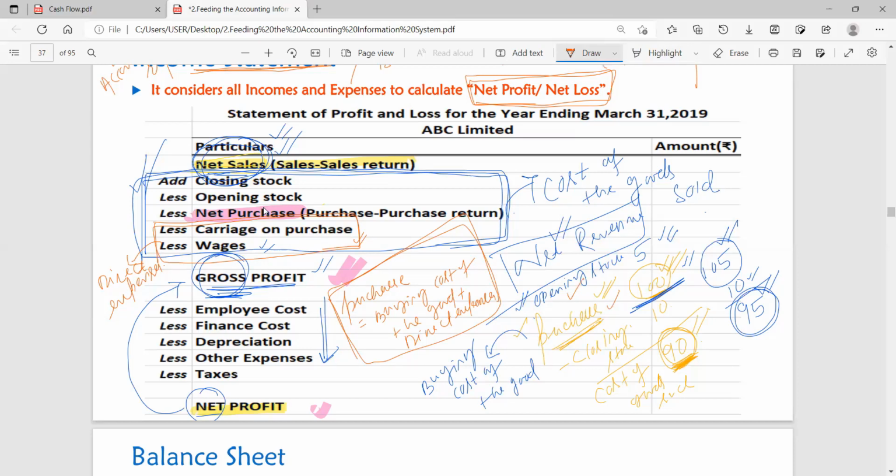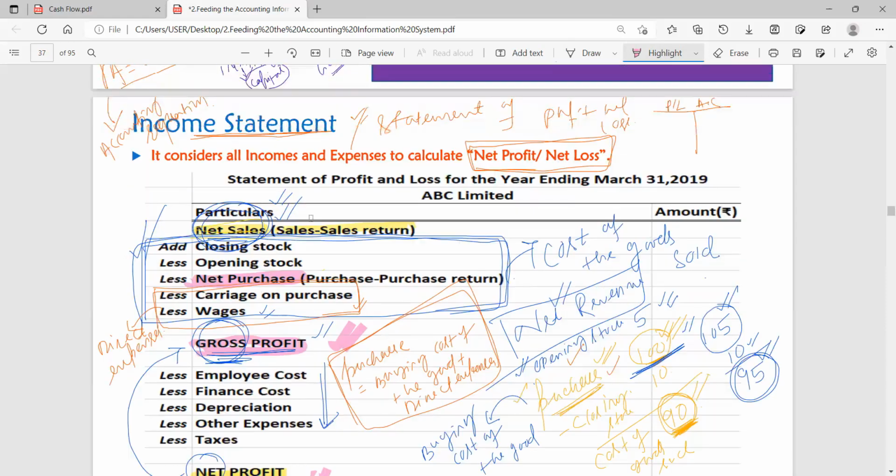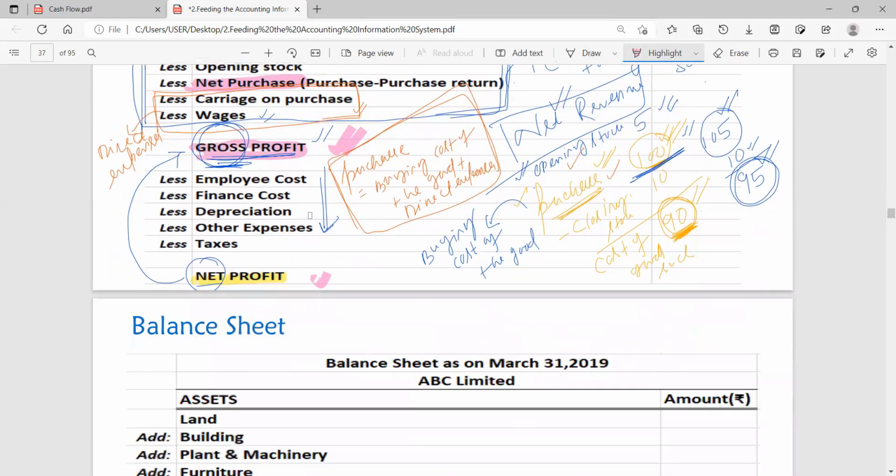Now to get the profit, what to do? To get the profit, we have to subtract from the sale, or the net sale, this cost of goods sold. So now if we calculate the formula here, the profit, and this is the gross profit, equals sales minus cost of goods sold, COGS, I'm telling in short.